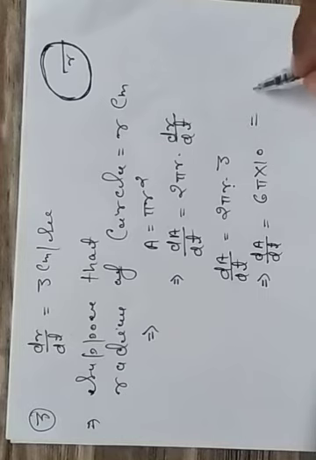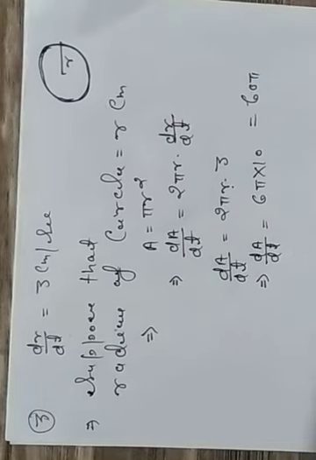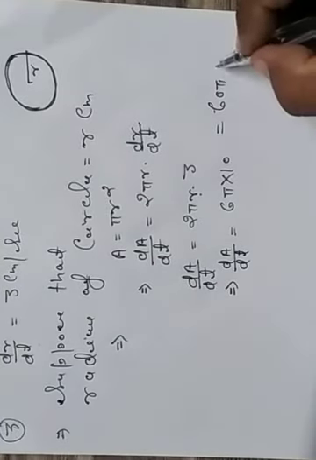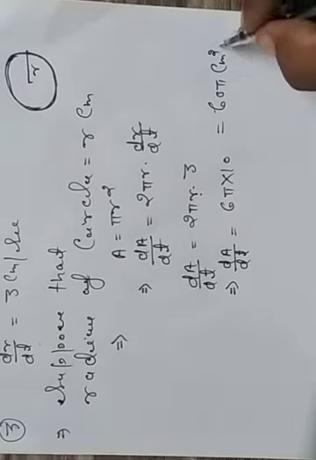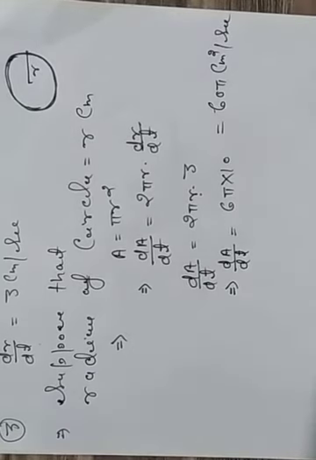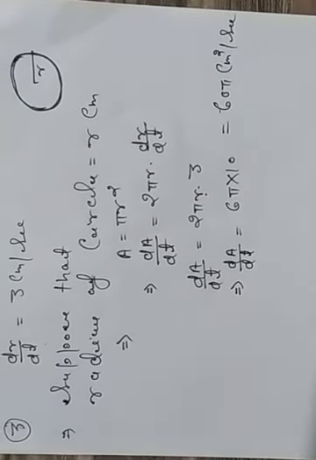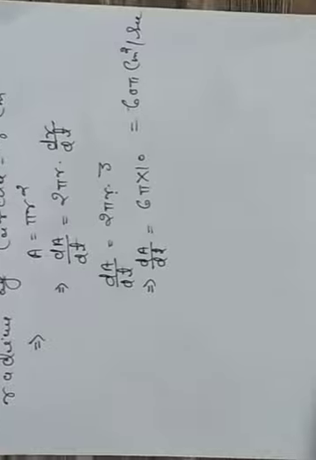Then it becomes 60 pi, and see how can we find unit. We are finding area, then write centimeter square per second. So student, please note down solution of question number 3. Now see next question, and next question is question number 4.